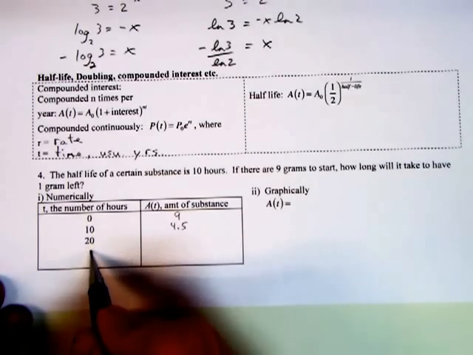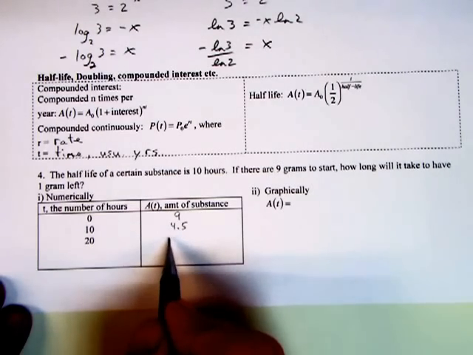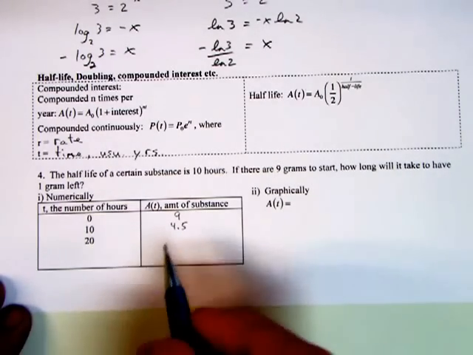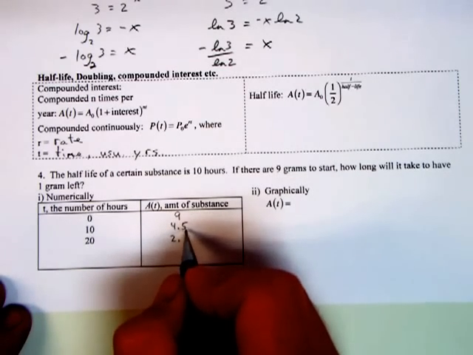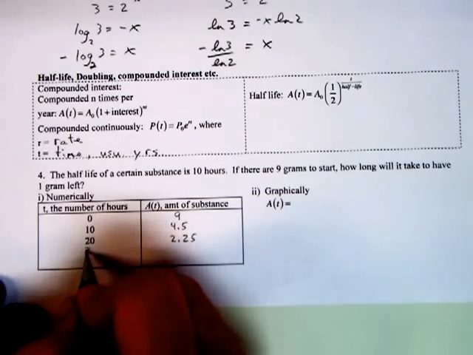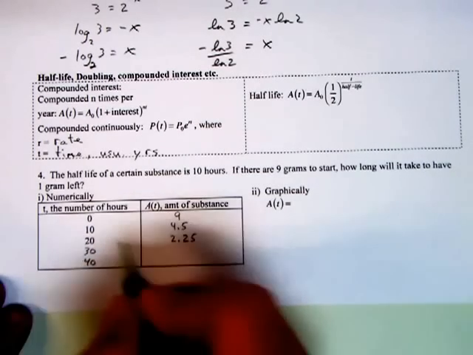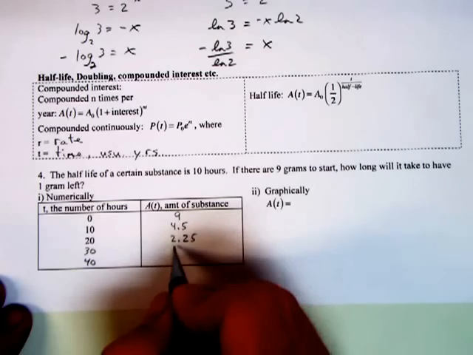Now we're going another 10 hours, and no matter what value we have, when we go 10 hours, we're going to have half of it. So we have half of 4.5, which would be 2.25. Let's look at 30 and 40. So we add another 10 hours, so another half.